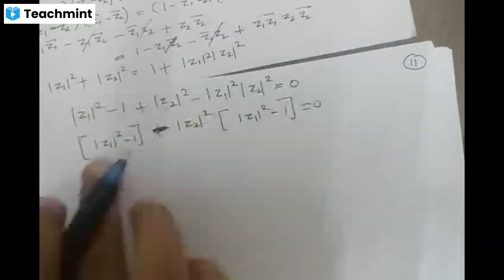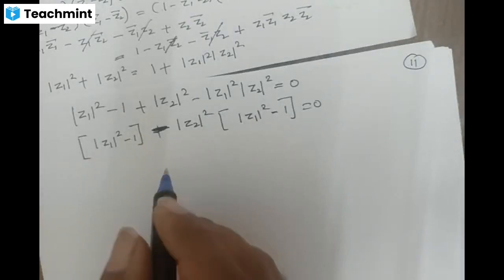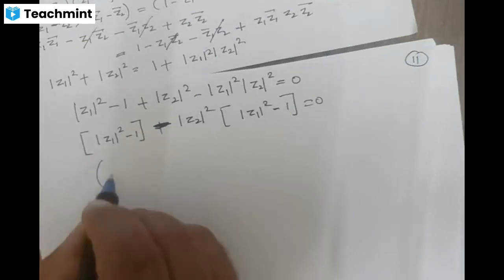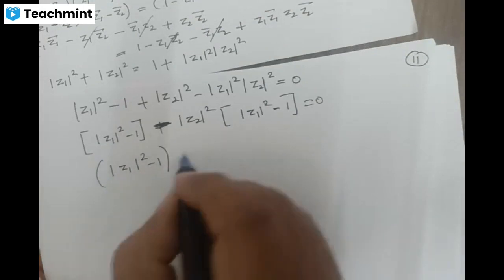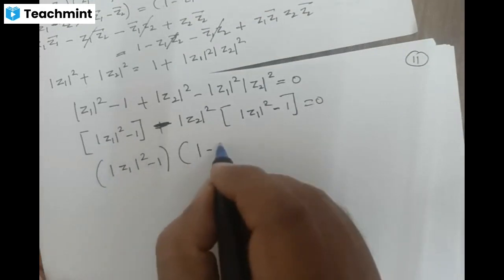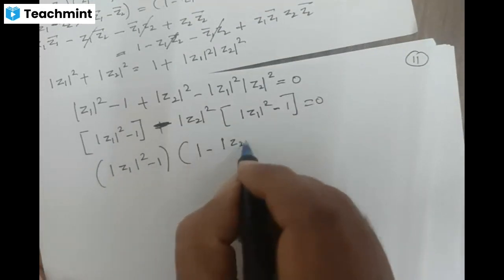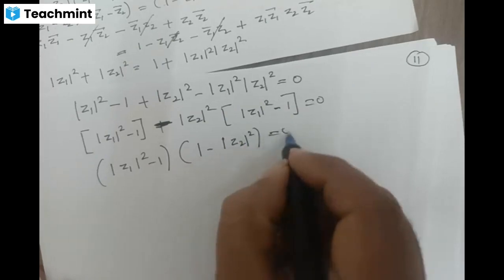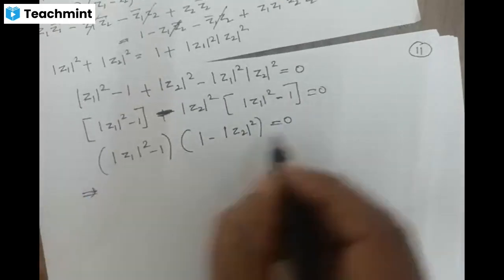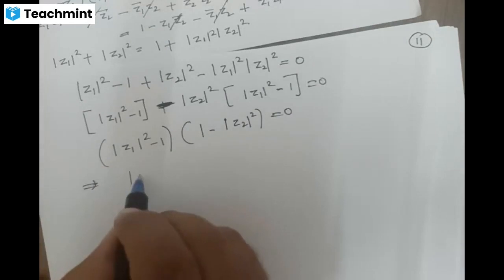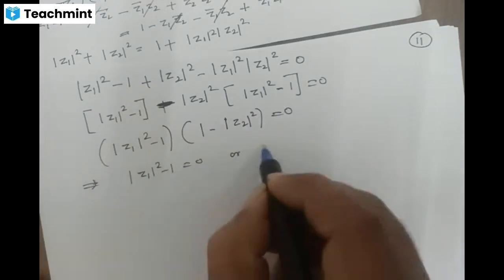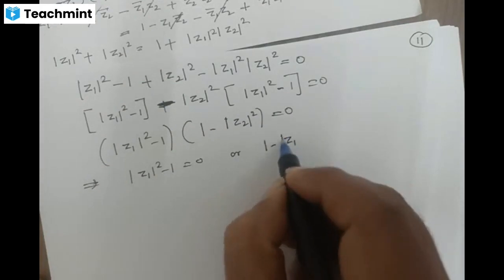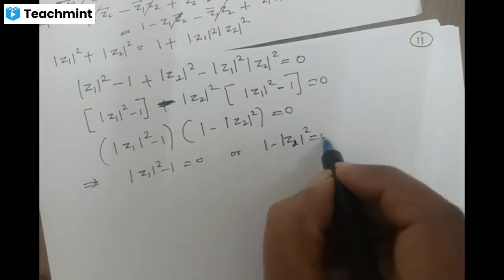What is common in both? This term is common. So we take the common factor: mod z1 whole square minus 1, and we get (mod z1 whole square minus 1)(1 minus mod z2 whole square) equal to 0. That implies either mod z1 whole square minus 1 equals 0, or 1 minus mod z2 whole square equals 0.